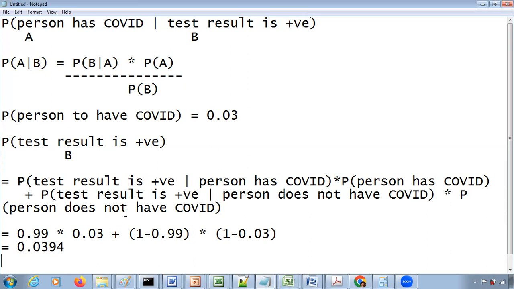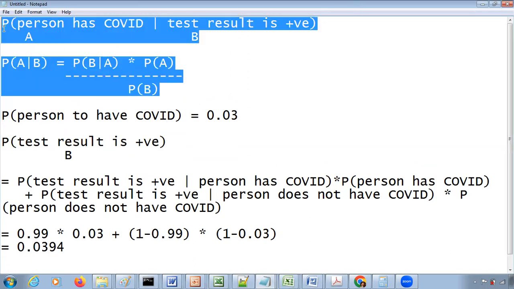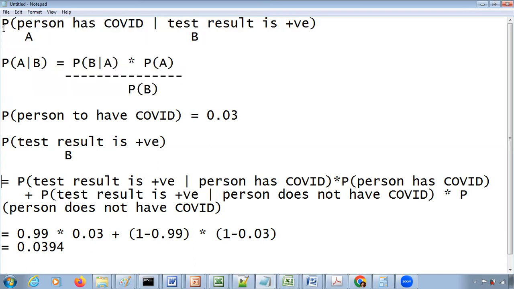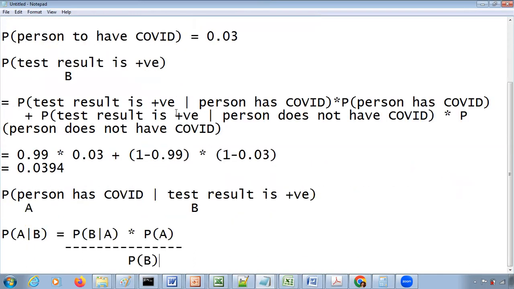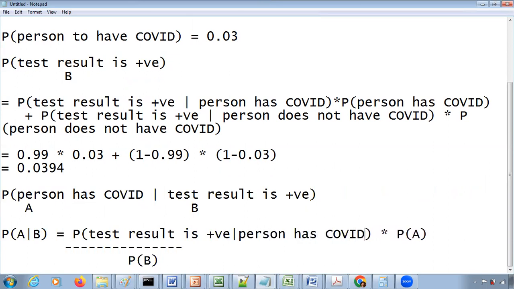So the probability someone has COVID, given the test result is positive, is the probability the test result is positive given that a person has COVID, times the probability the person has COVID.